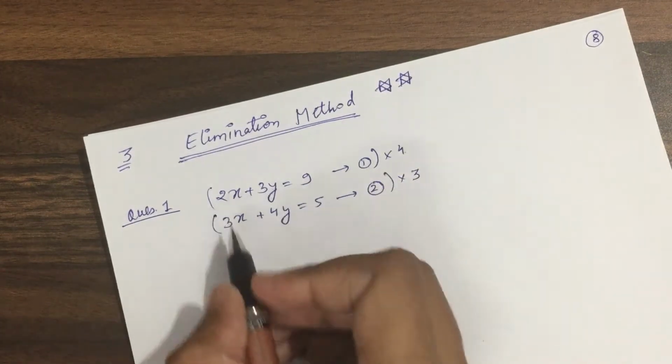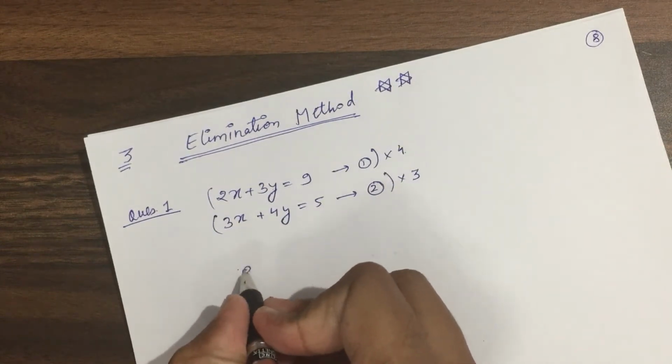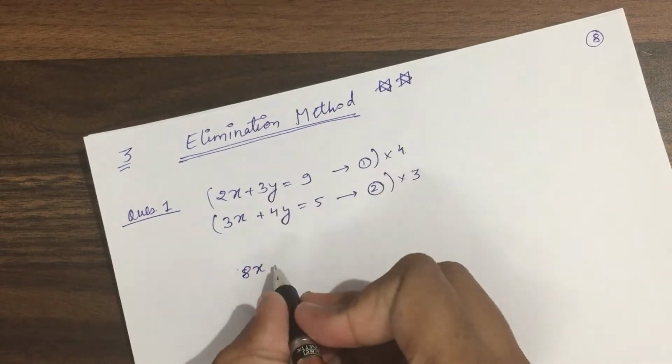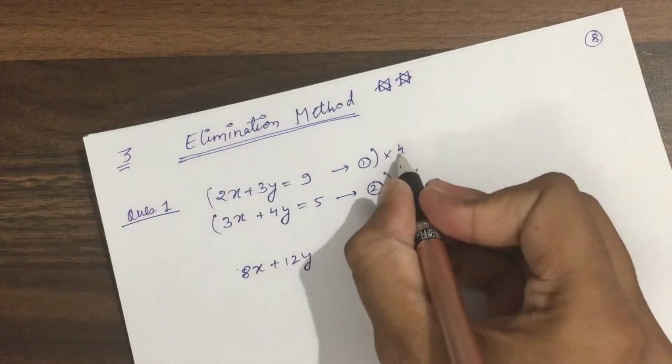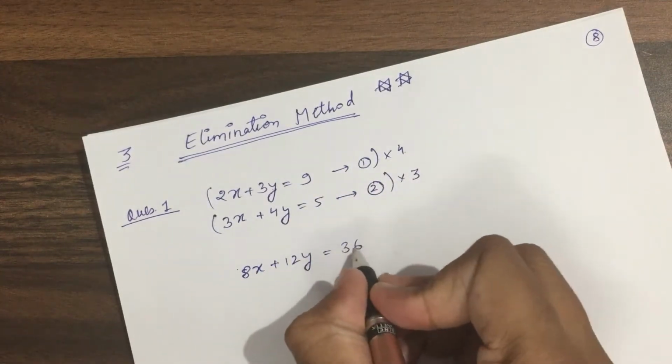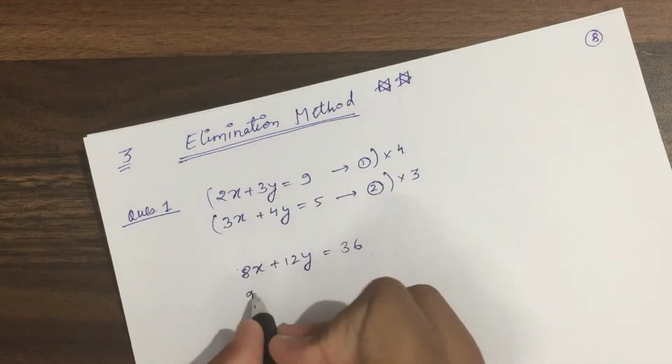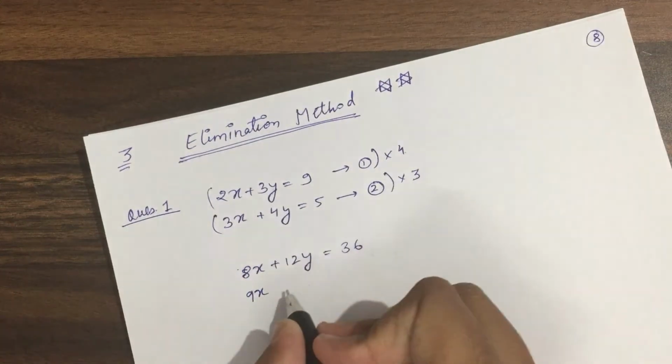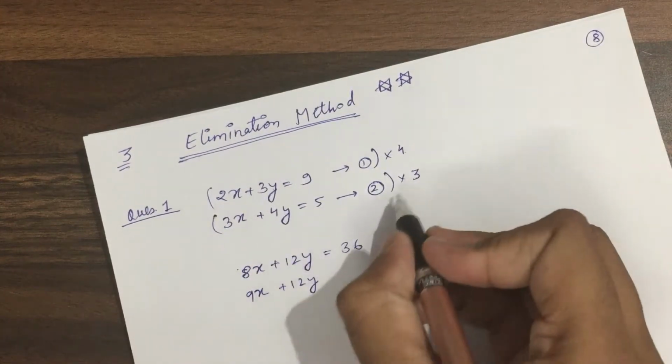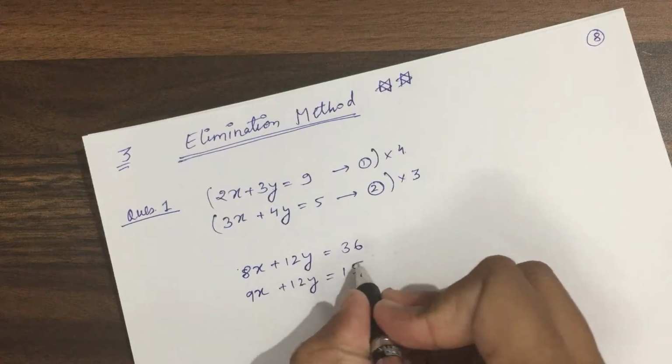So 4 into 2x is 8x, 4 into 3y is 12y, 9 into 4 is 36. Similarly 3 into 3 is 9x, 3 into 4 is 12y, 5 into 3 is 15.